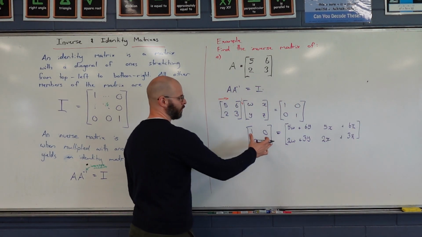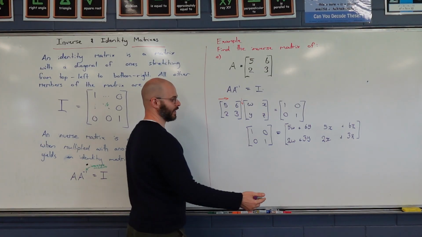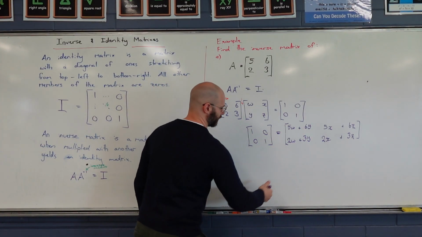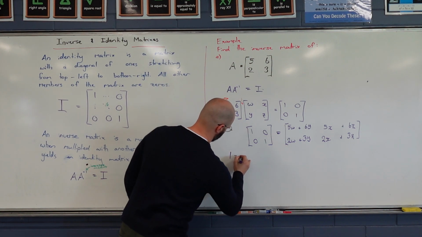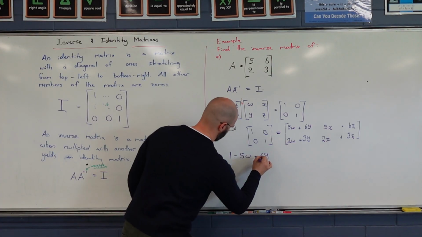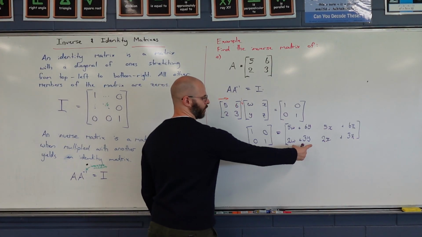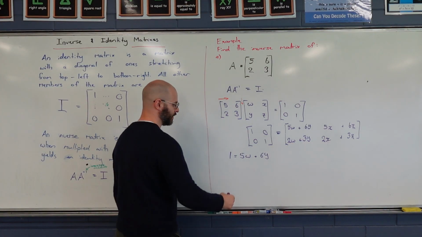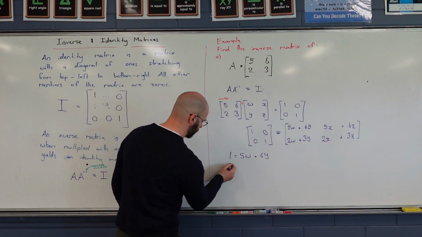All right. Now what we can do is equate what we have here. We know that 1 is going to be 5W plus 6Y. And then we can also build an equation with this element down here, W and Y, and it's going to equal 0.